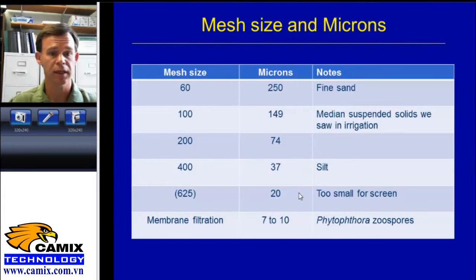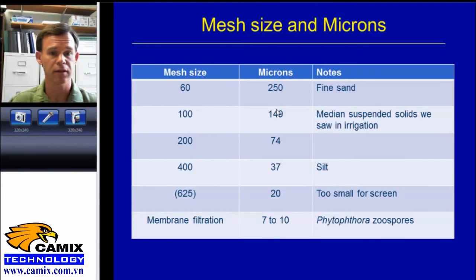A micron here: 1,000 microns is 1 millimeter, and 1 millimeter is about a 25th of an inch. You can see, for example, that if you are filtering down to about a 100 mesh screen, then that would be 149 microns.